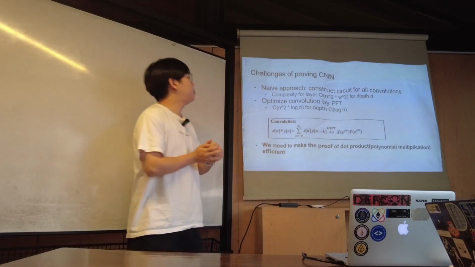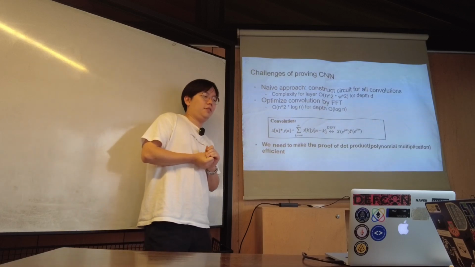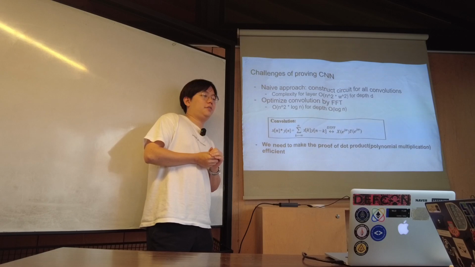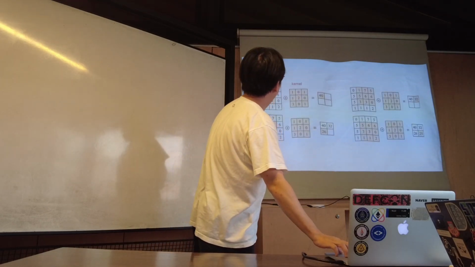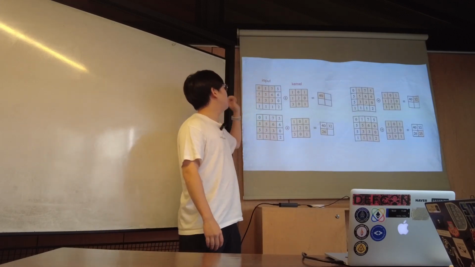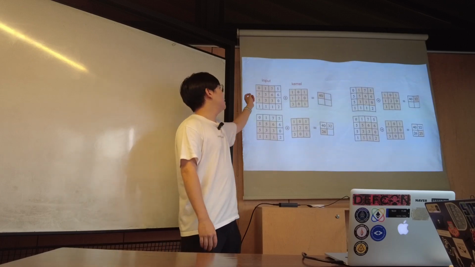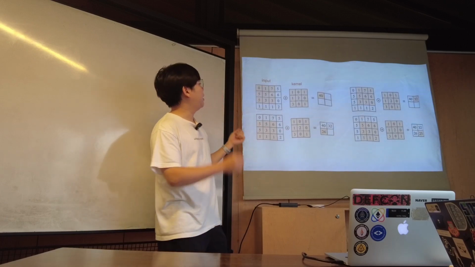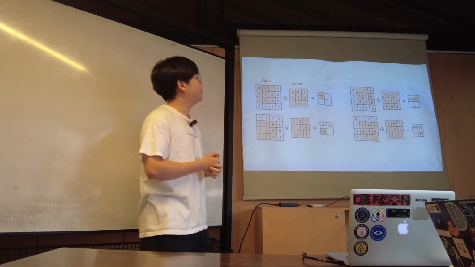And the challenge of proving the CNN is that, as you can see, there are many dot products. For this example, the input dot the kernel, you're going to make matrix multiplication gates for every dot product within the image and the kernel.